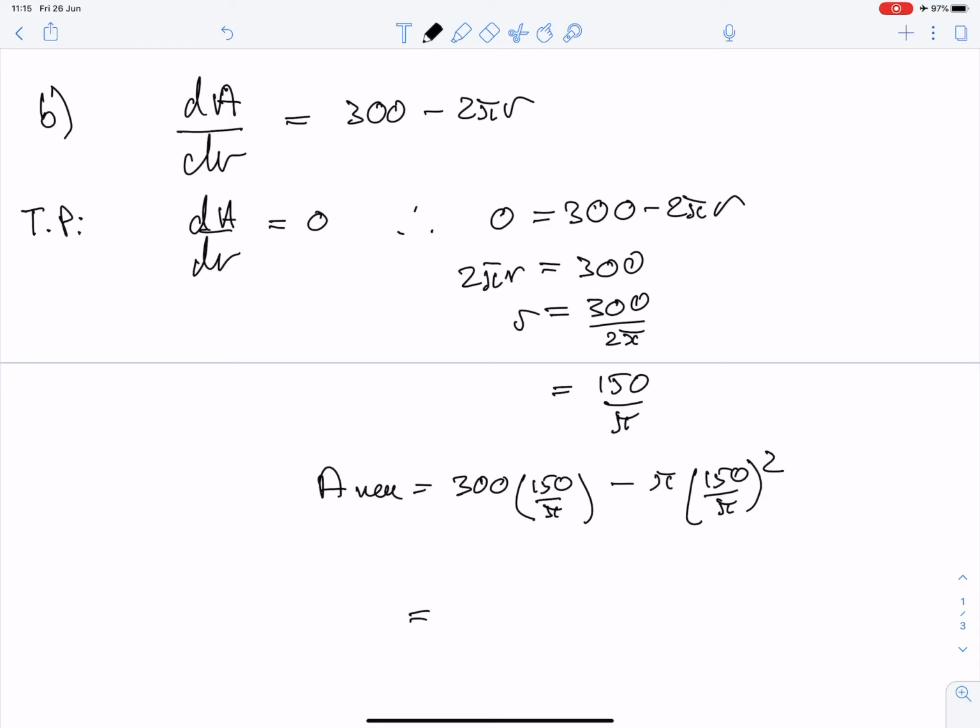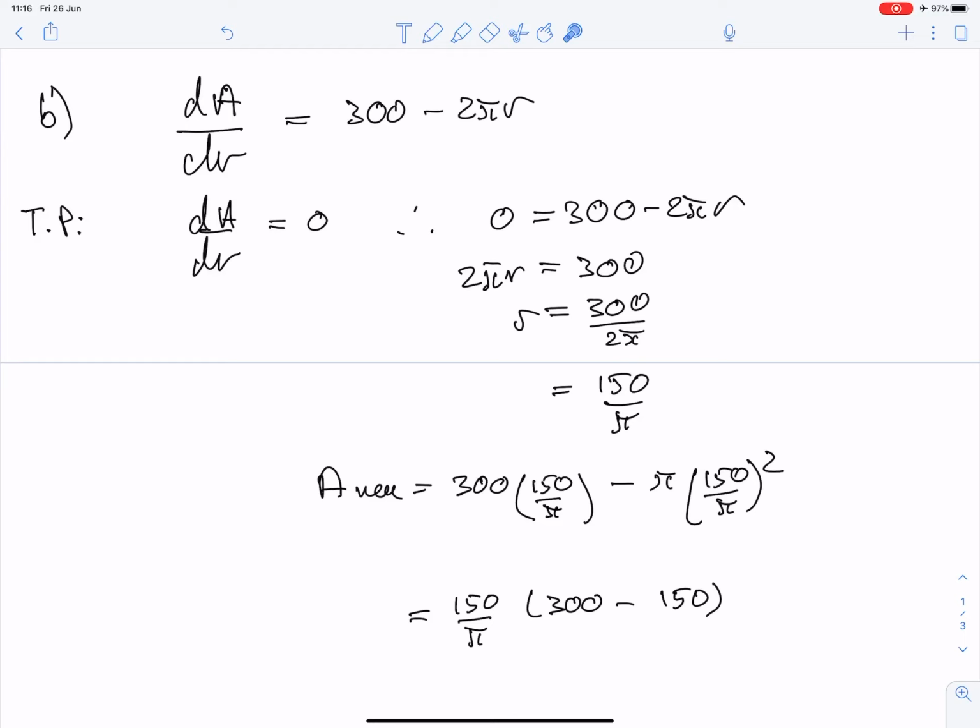So if we take out the 150 over pi as a factor, that leaves 300 minus 150. Just checking that in my head. Yeah, because the pi's from the second lot cancel, this pi with this pi when we write it out.